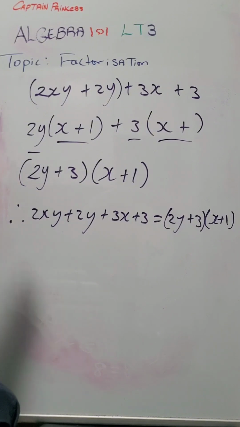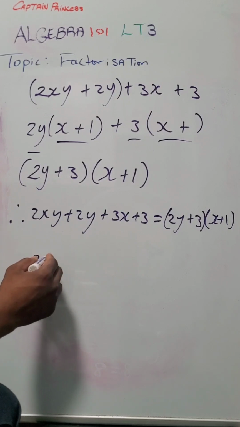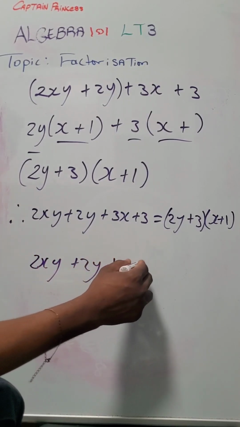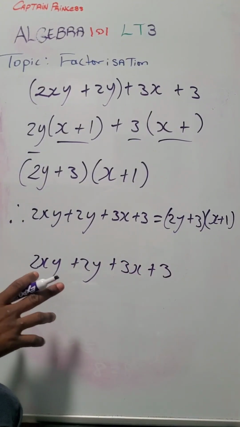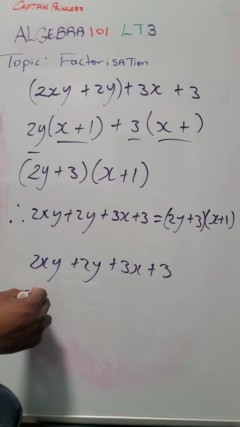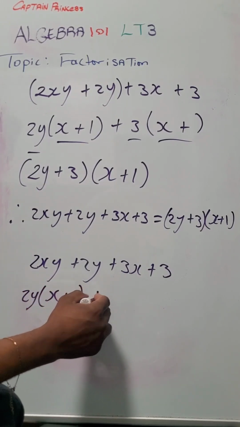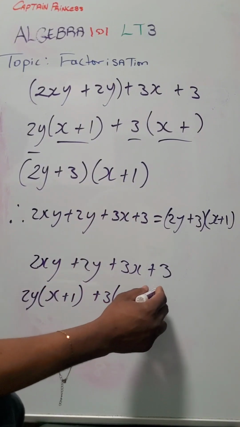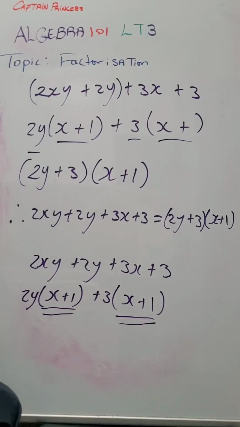Whenever you are factorizing an expression of the form 2xy plus 2y plus 3x plus 3, what you should look for is this: whenever you factor out something using the grouping method, these two brackets should always be the same.